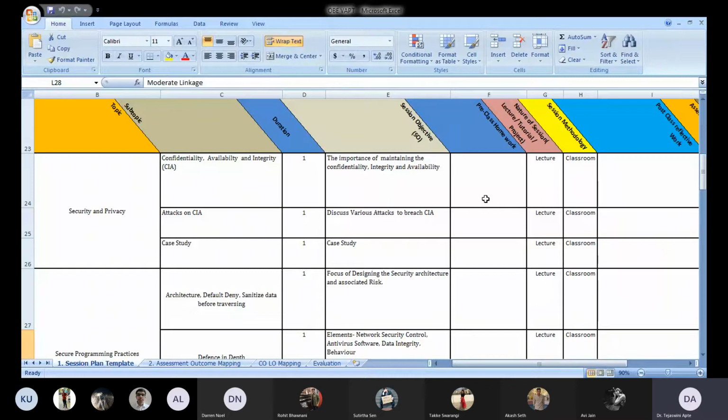We have started with confidentiality, availability, and integrity. The objective of this syllabus, we have taken care of that: what the syllabus is all about, the vulnerability as well as the penetration testing.